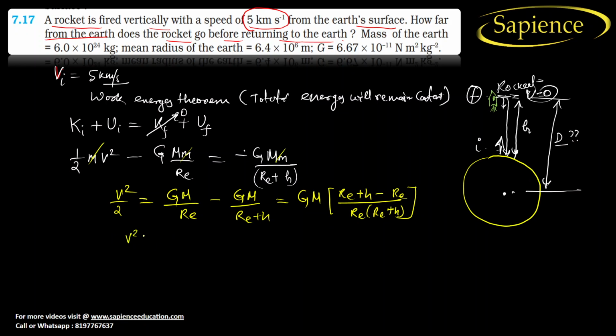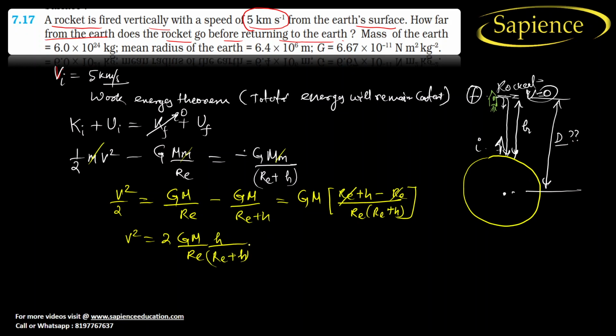Now v square is equal to 2 into GM by R_e, and this R_e got cancelled out, so we have h into (R_e plus h).